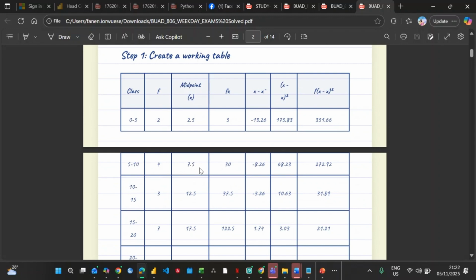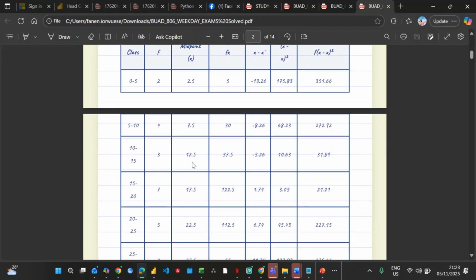For this one, it is 5 plus 10 divided by 2, it gives you 7.5. Because you have 0 to 5, which is the class mark, then the frequency now is 2. So add 0 plus 5, divide it by 2, it will now give you 2.5.